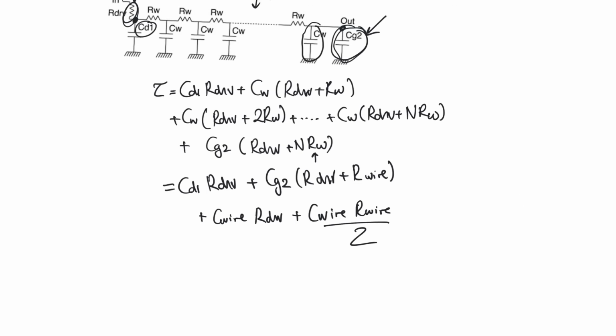And so if we examine the total time constant, it does contain this C wire times R wire over 2, but it also includes other terms that have to do with the resistance and the capacitance of the wire that were introduced because of the presence of a finite drive resistance and the presence of load capacitances at the beginning and at the end of the resistive wire.